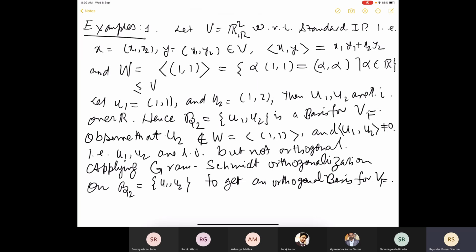And if you take two other vectors, say (1, 1) and (1, 2), call them U1 and U2, then the set B2 consisting of these two is also a basis.